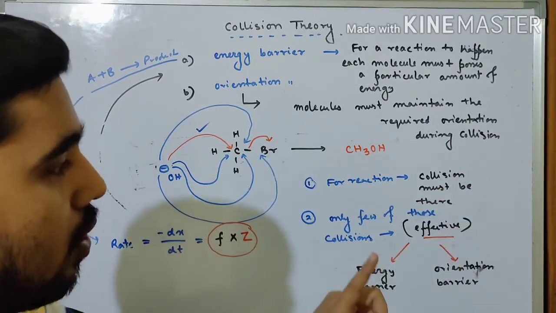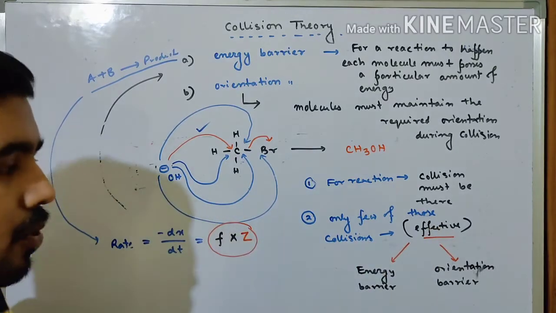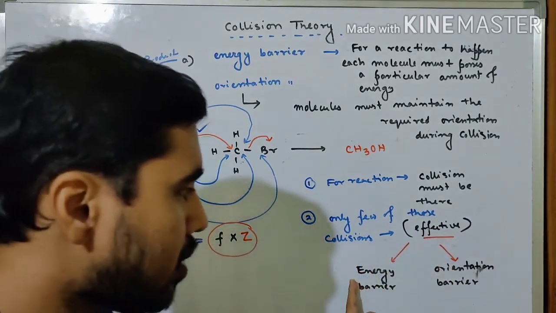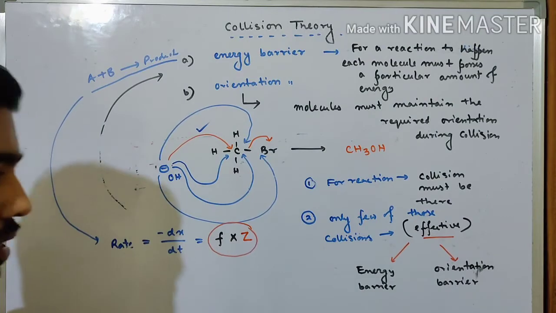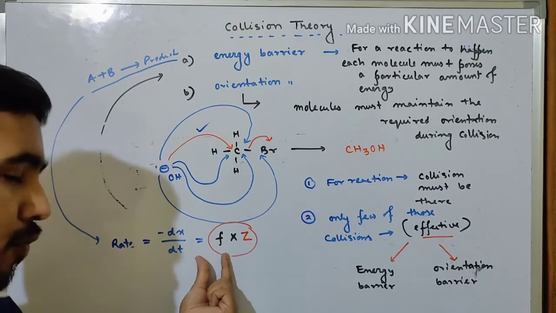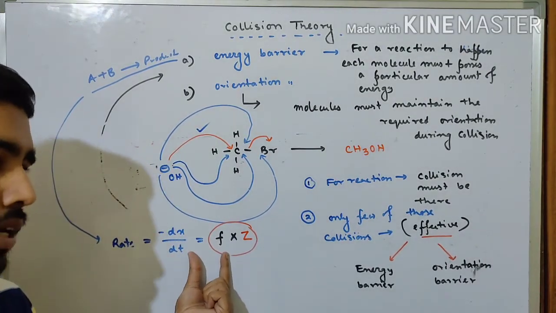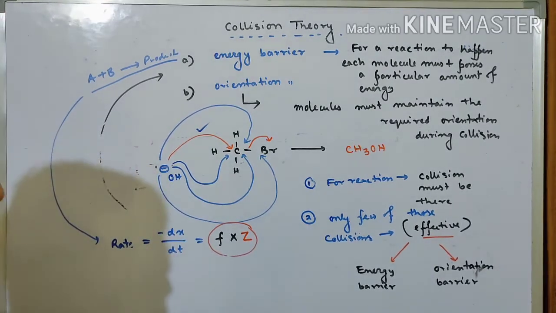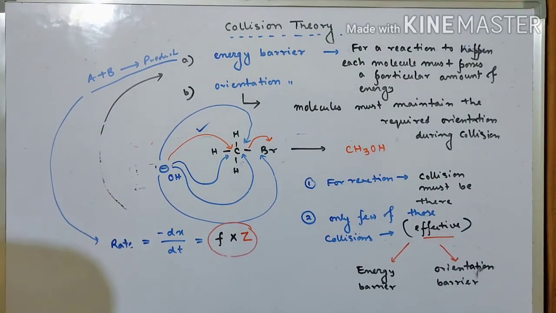Only particular effective collisions will give rise to product, and the effective collision must have energy barrier and orientation barrier. So both the terms, the number of collisions, that means the collision frequency, and also the effective collisions, both are important. So that is what we have written down in the final equation.